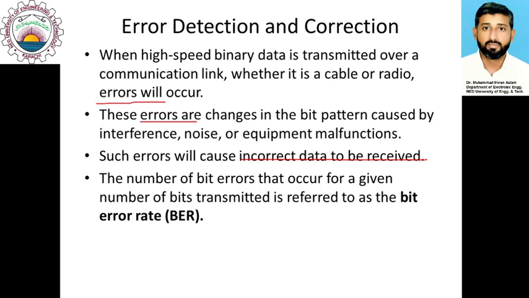So that will result in incorrect data reception. And eventually those errors generally cause some bit error rate. So the performance criterion for communication that we commonly use is the bit error rate to understand how many errors are occurring during the transmission.